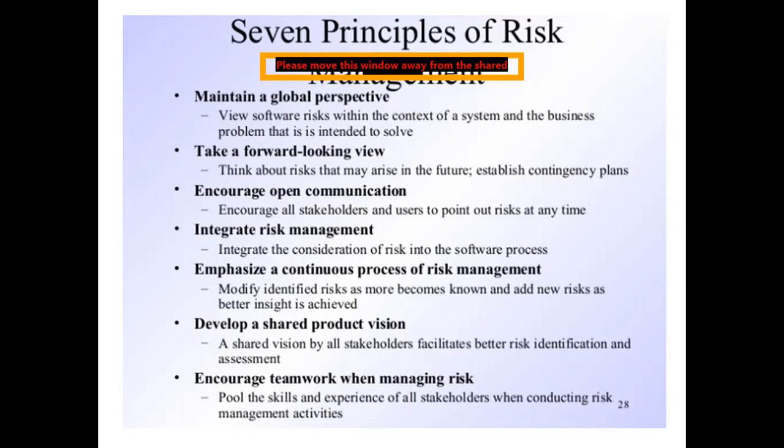Encourage open communication: encourage all stakeholders and users to point out risk at any time. The organization and the company to which you deliver must both discuss the risk points and try to solve them at the same instant.